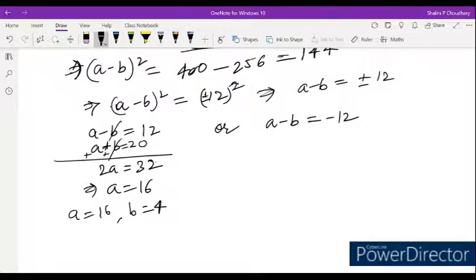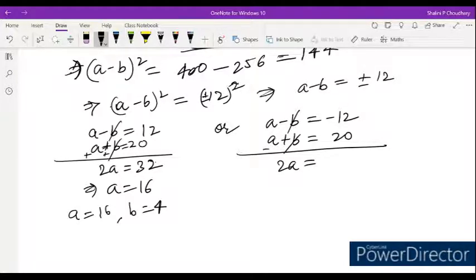Now in this case, we also write a plus b equal to 20. When we add, b will cancel, and 2a will be equal to 8, so a will be equal to 4. If a is equal to 4, then b will be equal to 16.